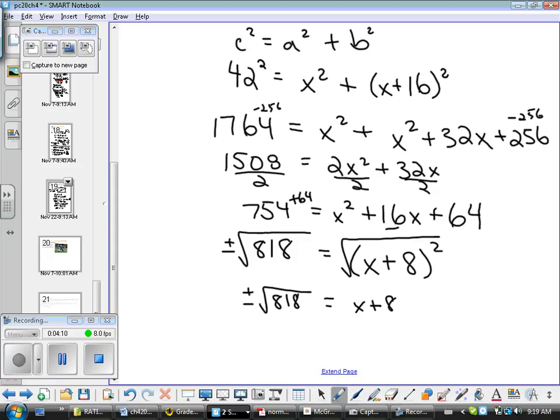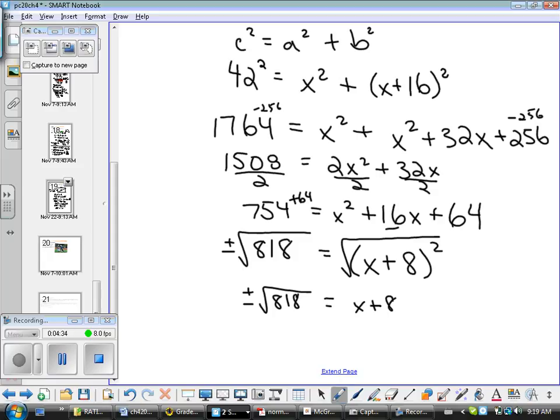Okay, I'm not sure if 818 can be simplified at all. I don't think that it can. But we're looking for a measurement to the nearest tenth of an inch, so that's okay. We're not looking for an exact answer anyway. Otherwise, if we were, I would be making it a priority to simplify my radical.